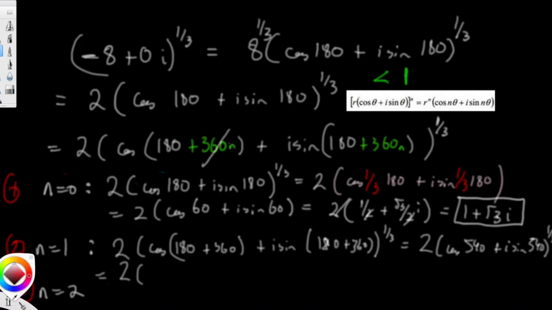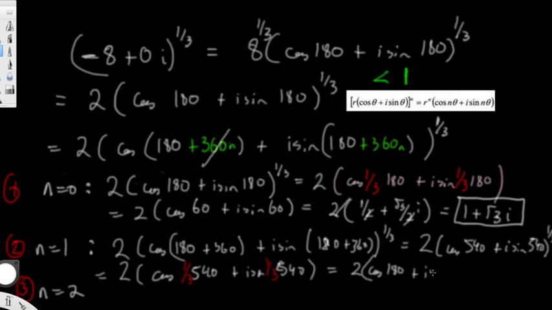So it becomes 2 cos the 540 plus I sine the 540, multiplied by 1/3. And 540 divided by 3 is 180. So this becomes 2 cos of 180 plus I sine of 180, which is equal to 2 times minus 1 plus 0I, which ends up being equal to minus 2.